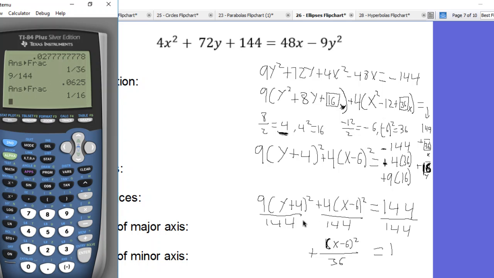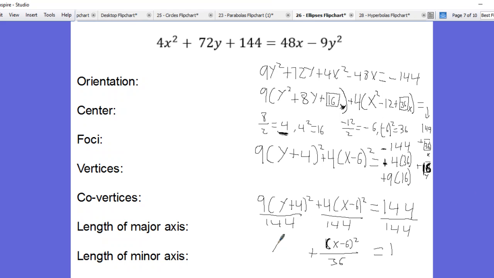So that will be y plus 4 squared over 16. So basically, it's over 16. It's when you did 8 divided by 2 is 4, and 4 squared is 16. It's basically that over.